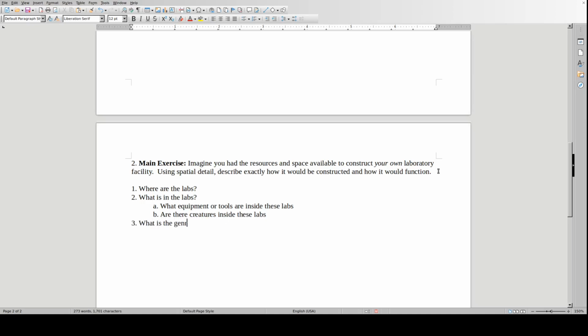What is the general purpose of the laboratory, and how does it work? But specifically there, let's say that if you wanted to do some of this work, like where would you go? So the key here is use spatial detail.